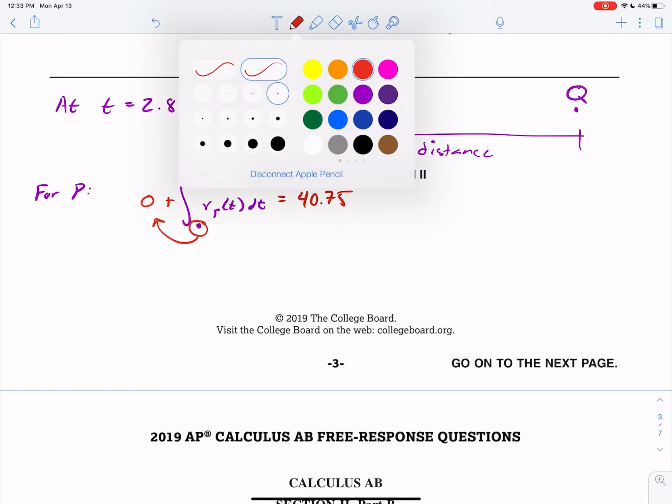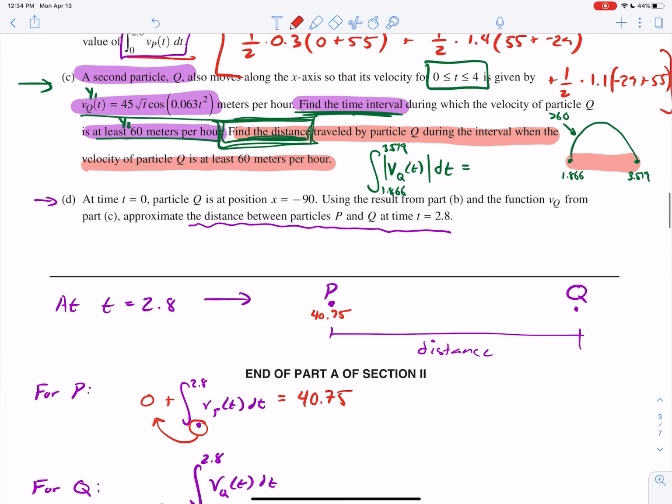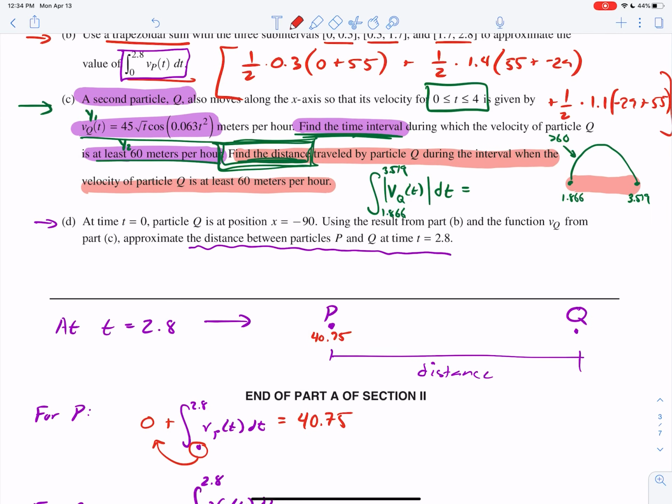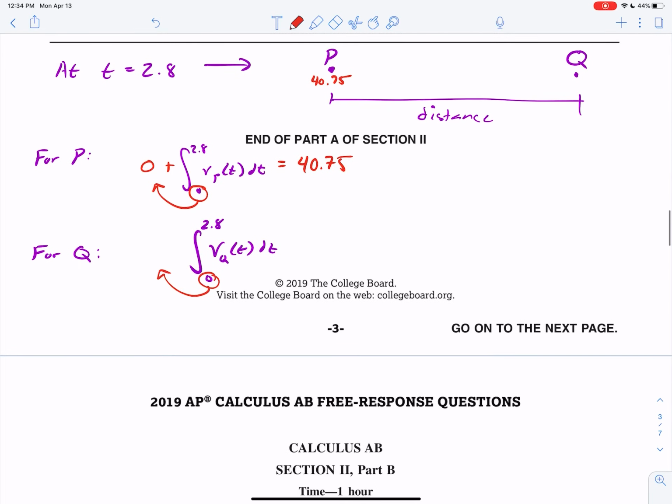Now for Q. We have to do the same thing. We have to integrate the velocity of Q from 0 to 2.8. But where is Q at t equals 0? Let's read this carefully. It's right here in part D. At t equals 0, particle Q is at negative 90. So you have to consider that Q started at this value.